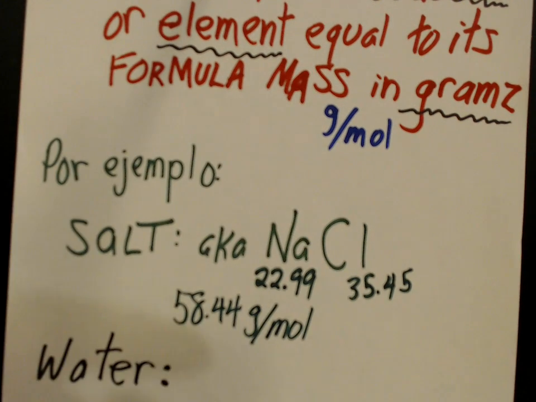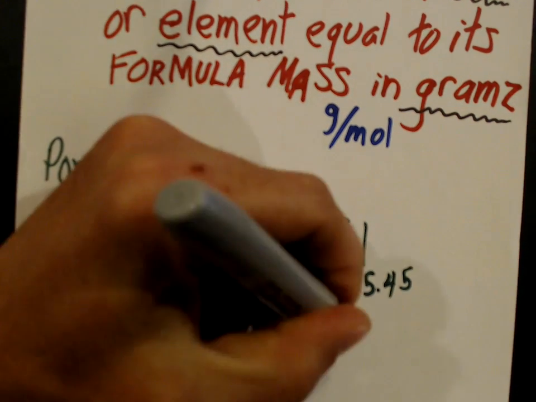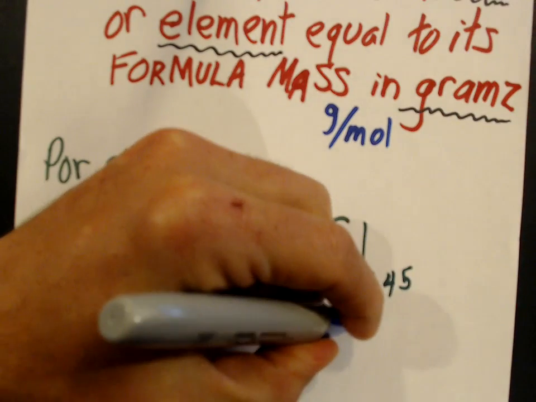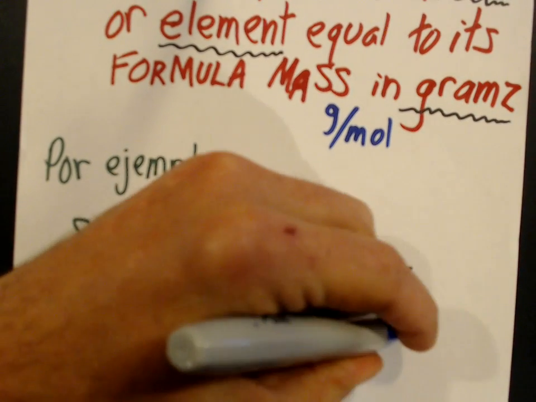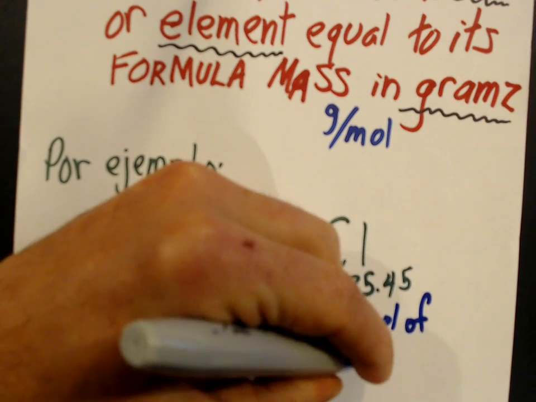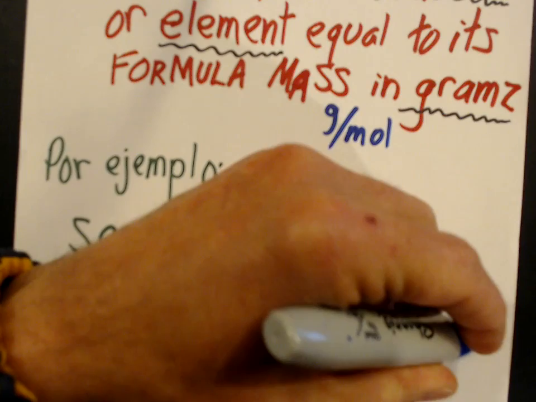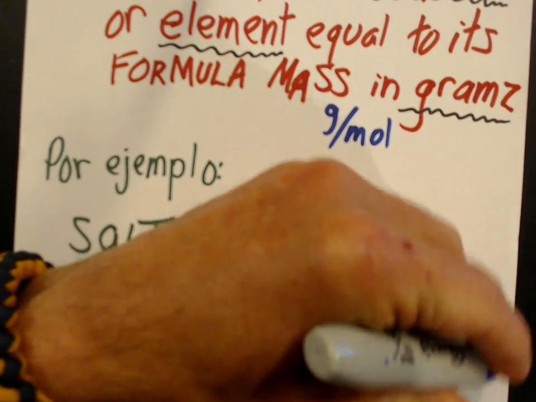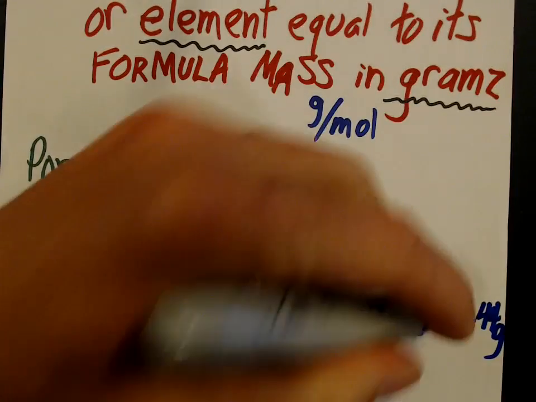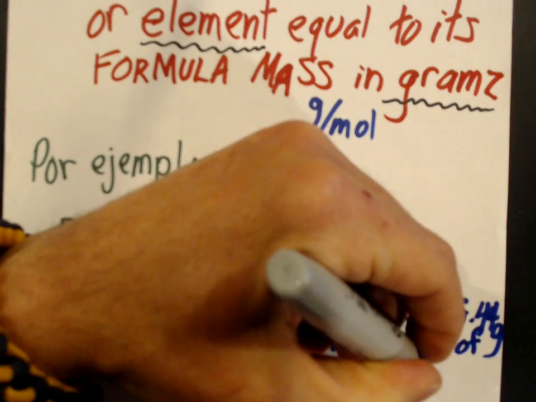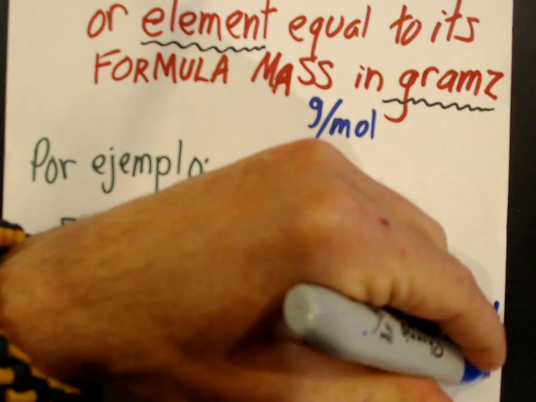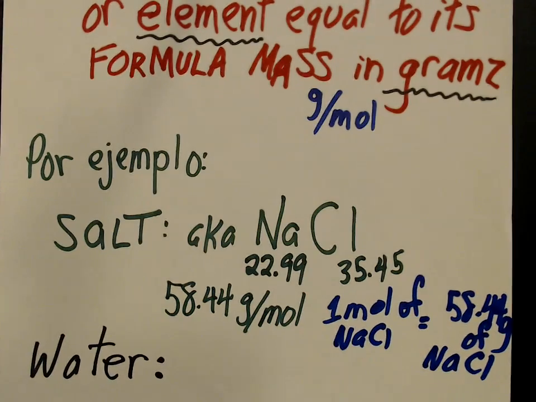Here, let me write that down. I'll use a different color. So 1 mole of NaCl equals 58.44 grams of NaCl. This is squished in and sloppy. Sorry about that. And that's it.